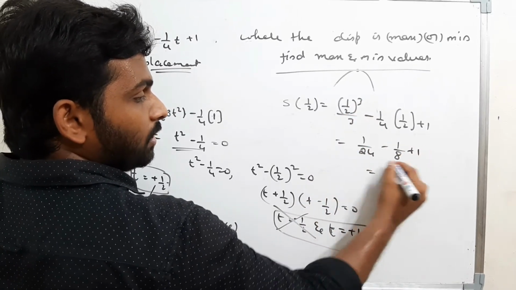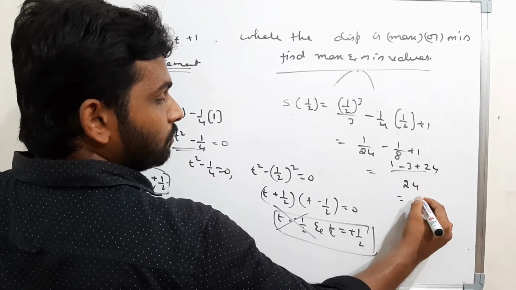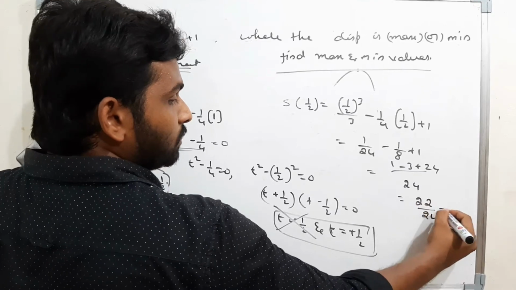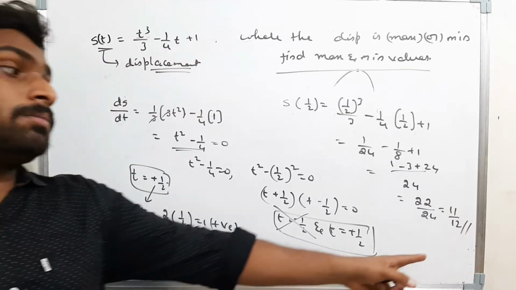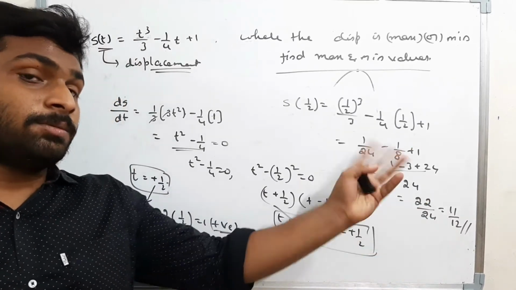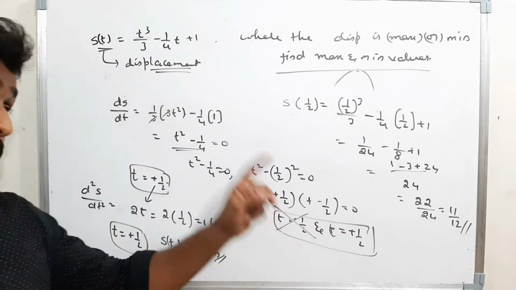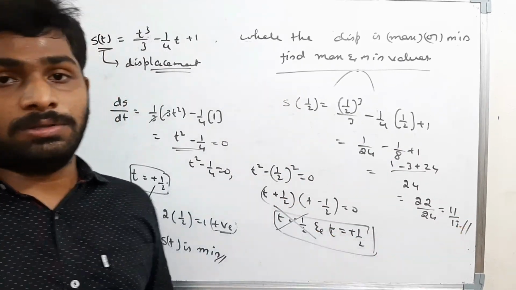Take the LCM, 24: 1 minus 3 plus 24, which is 22 by 24, that is nothing but 11 by 12. That is the minimum displacement. Maximum displacement we don't know; the maximum may be infinity, but the minimum displacement is 11 by 12 meters.